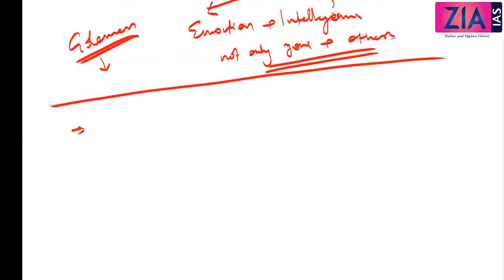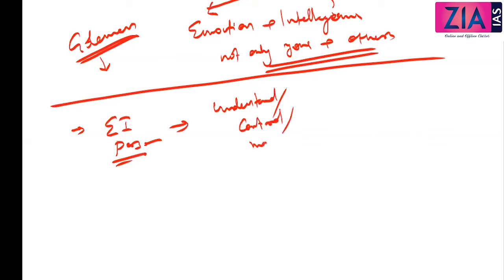Okay, so if you are an emotionally intelligent person, you can basically understand, control, and manage not only your emotion, but also others' emotion.